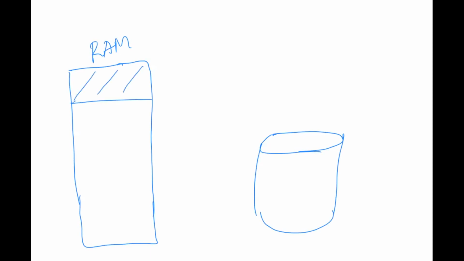Okay, let's see. This is what I drew. This is your RAM, and the CPU is asking. You open some processes and your OS fits them into some locations inside your RAM. This is for process P1.